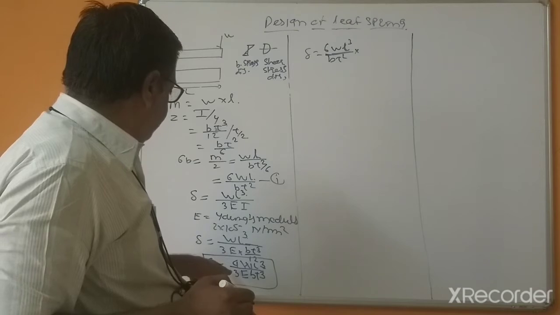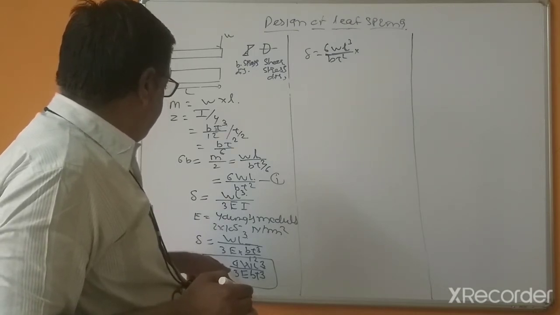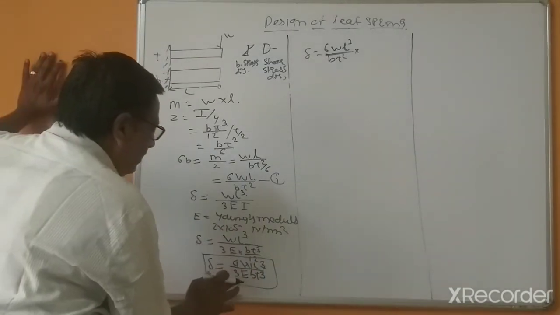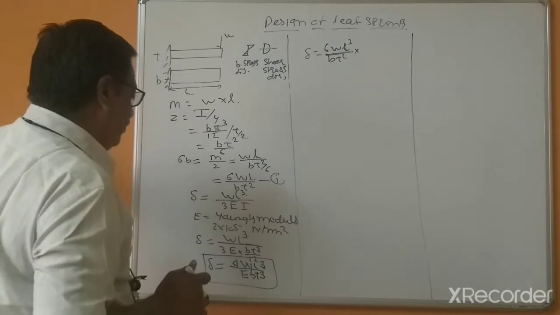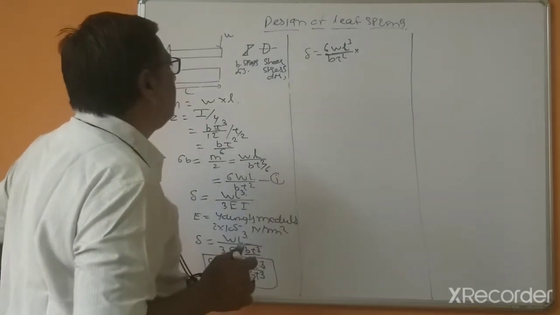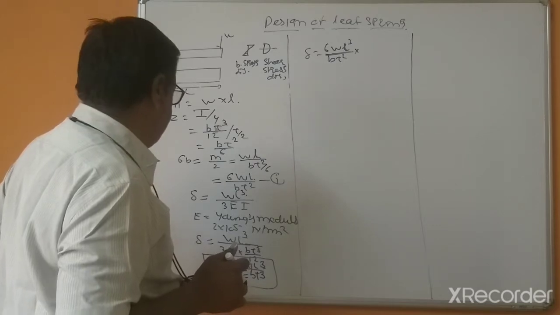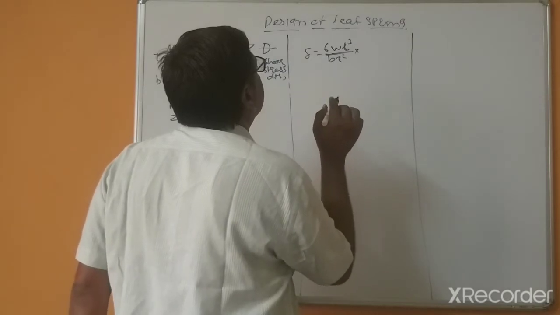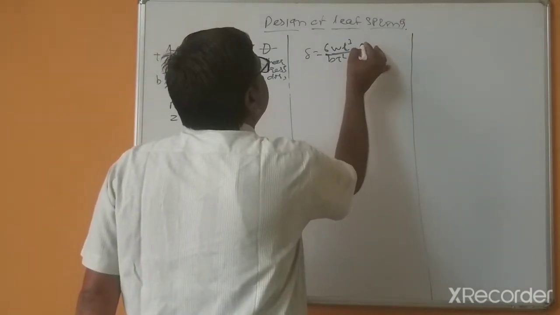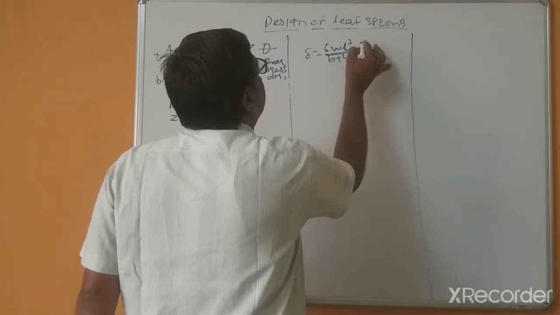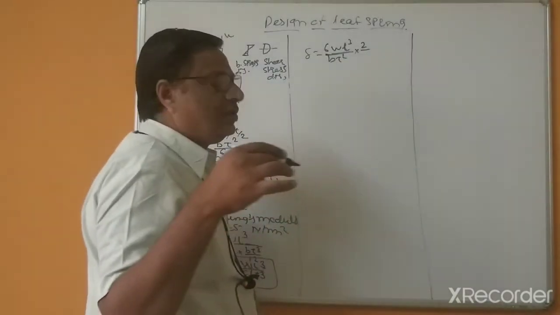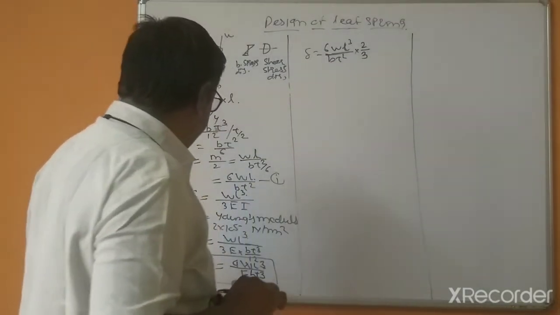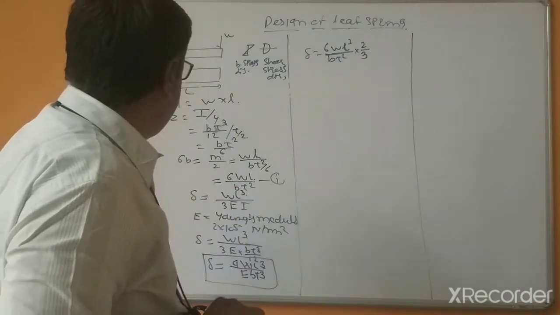Here we require 4 divided by 3. Sorry, this 3 will get cancelled, so only the 4 remains. Instead of the 6 we have taken, we require 4. So if this is multiplied by 2, 6 into 2 is 12, 12 divided by 3, and we take WL cube divided by bt squared.